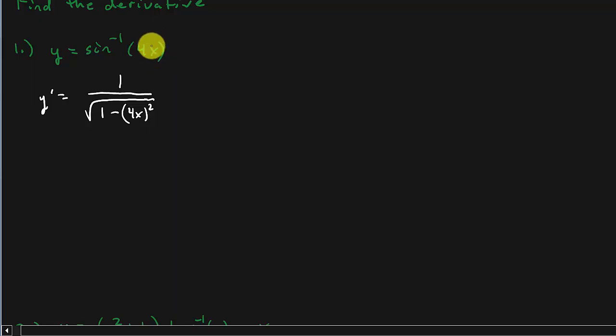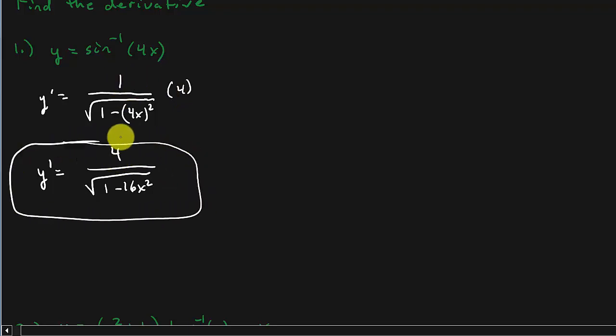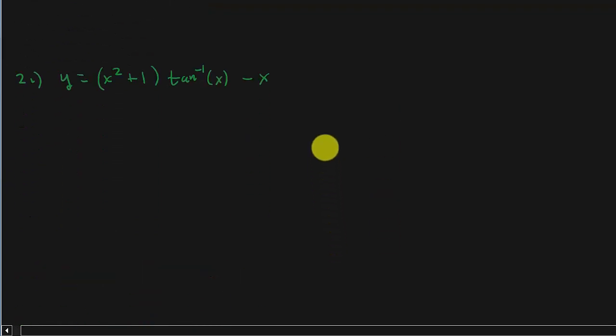So what's the derivative of 4x? That's times 4. And so we get y prime is 1 over the square root of 1 minus 16x squared. Well, let's just do the 4 times 1 and put the 4 in the numerator. And so this is your answer. You see how easy it is? It's not bad at all.